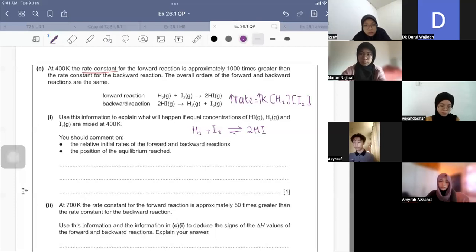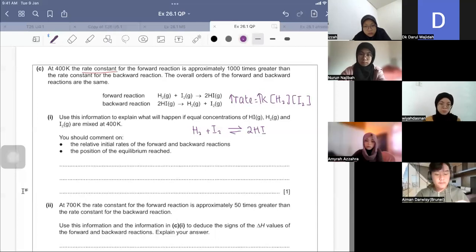Use this information to explain what will happen if equal concentrations of HI, H2, and iodine are mixed at 400 K. So initially, you have the same amount of initial concentration. You should comment on the relative initial rates. So we already know the relationship between rate and rate constant.